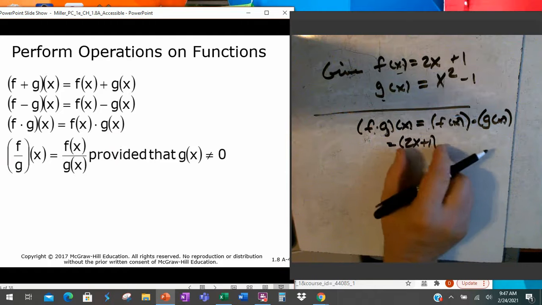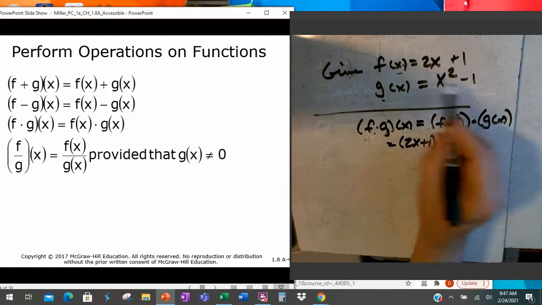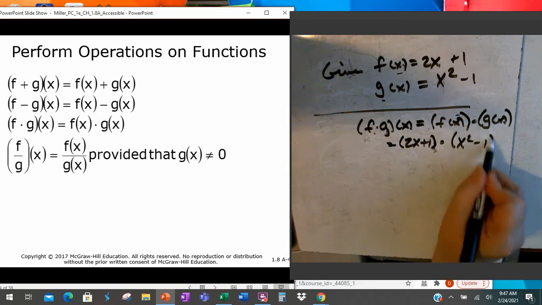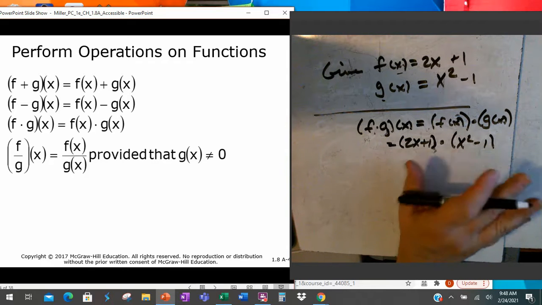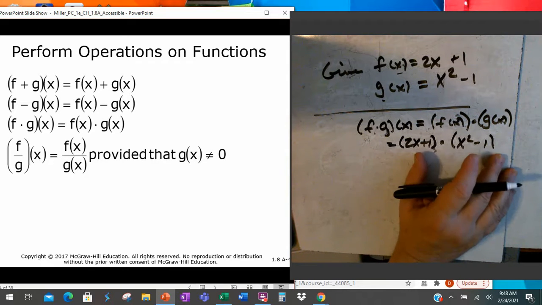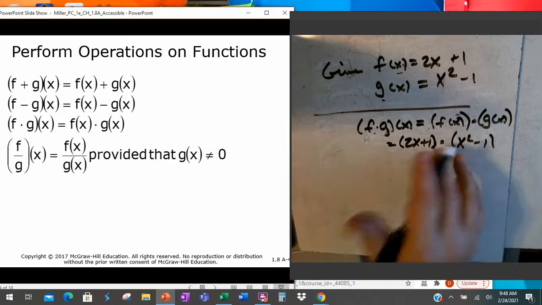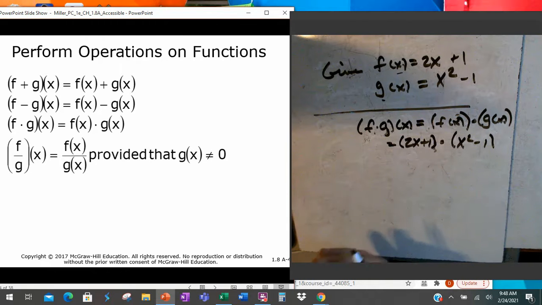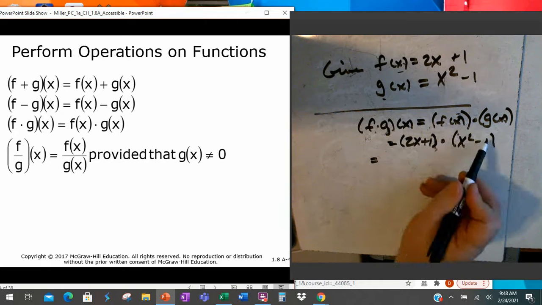That's why I want that parentheses, because all of this gets multiplied by all of my g of x, x squared minus 1. In some cases, this is all I would need. I've got them in factored form. Here's a factor, here's a factor. In fact, I could factor that. And factors are always nice, or sometimes I just need to expand.